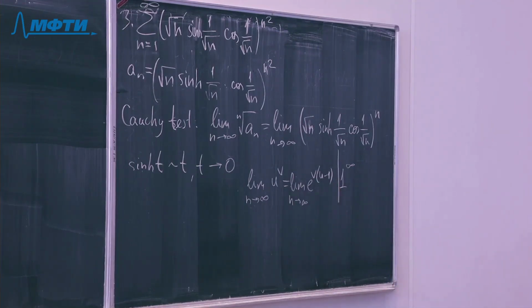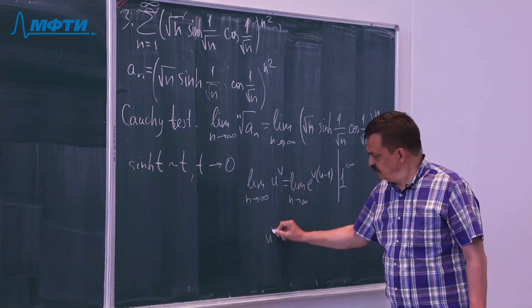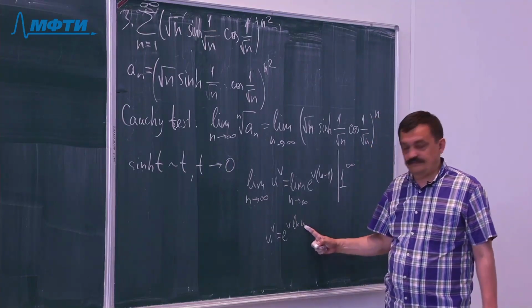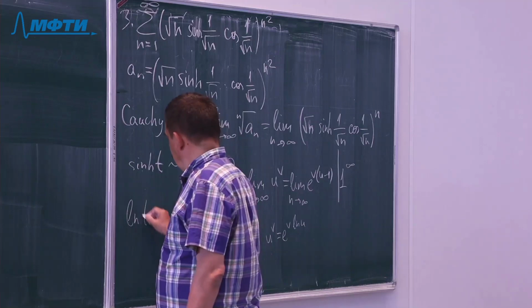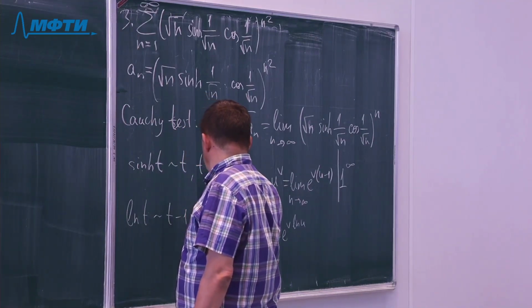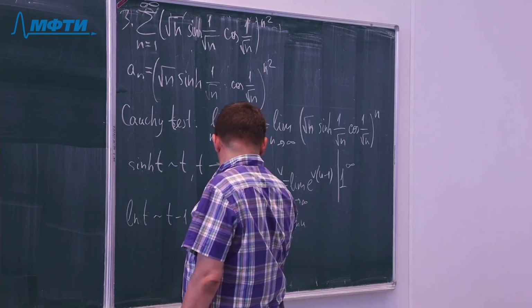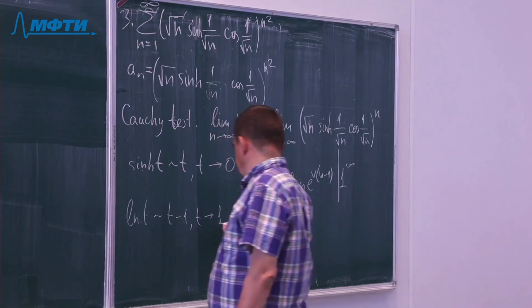Why? Because you can also consider u to the power v as e to the power v logarithm u, right? And logarithm t is equivalent to t minus 1 as t tends to 1.